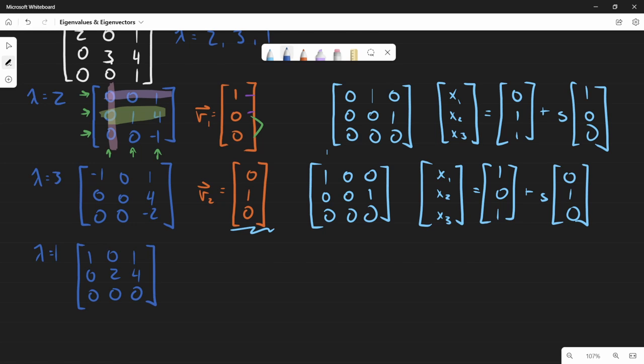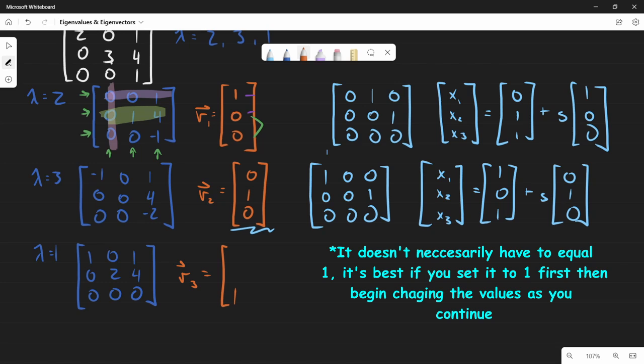Then here we have a row of zeros, so that means the nullity is going to be 1, its dimension. And so the eigenvector corresponding to this lambda will be, this is where it becomes tricky, because we have a row of zeros, and that one by default will have to equal 1.